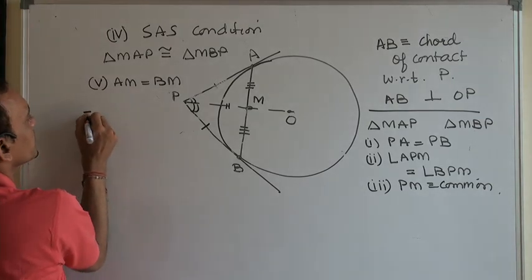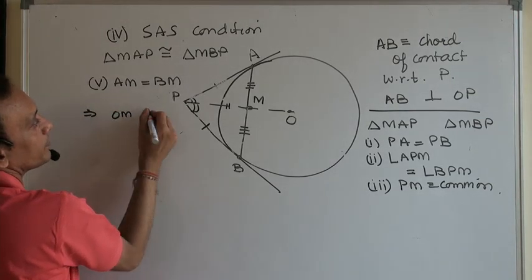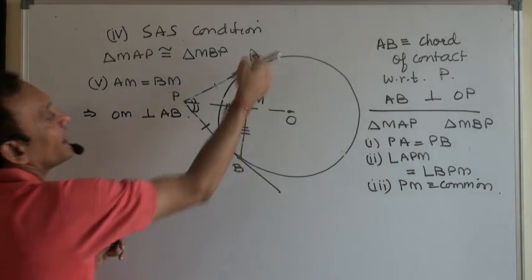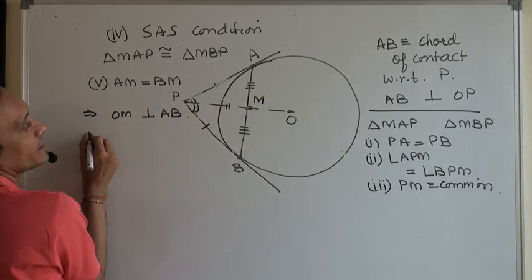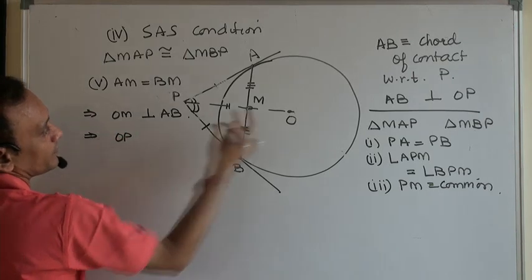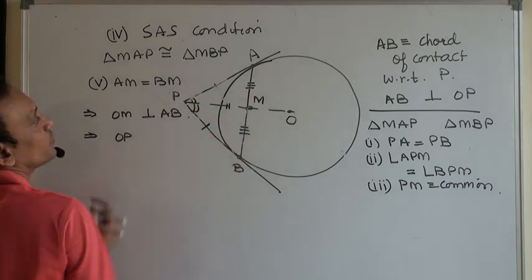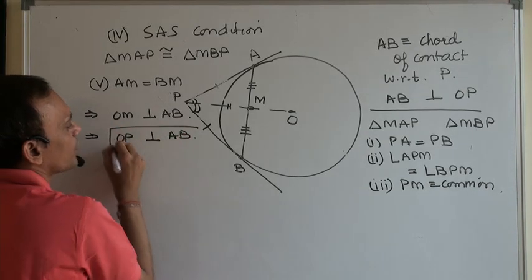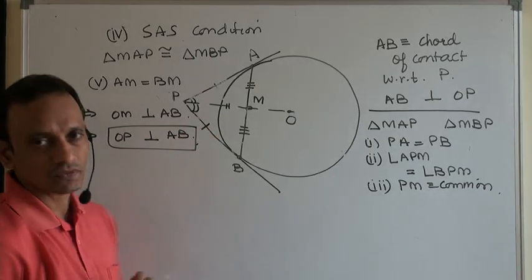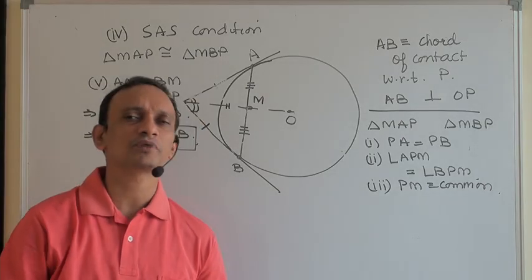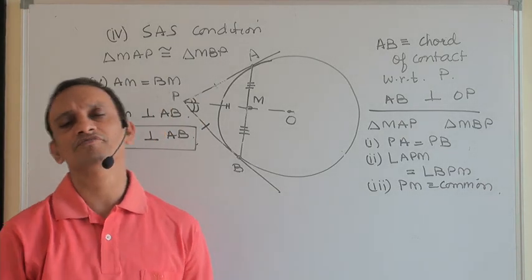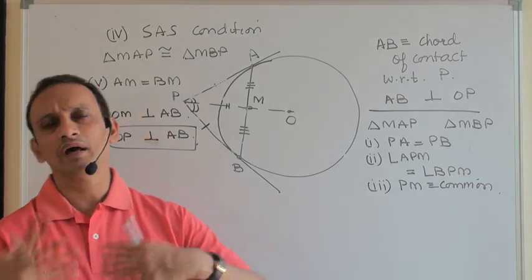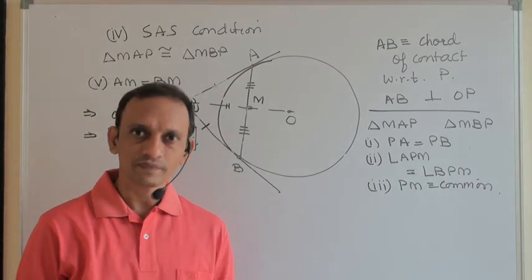So this would really mean that OM is perpendicular to AB, and if OM is perpendicular to AB, it would mean that OP, which is just an extension of OM, is also perpendicular to AB, right? So another property that we sometimes use. So get a hang of some of these properties, and we'll be ready for more problem solving, more properties while we continue our journey with circles. Thank you very much.